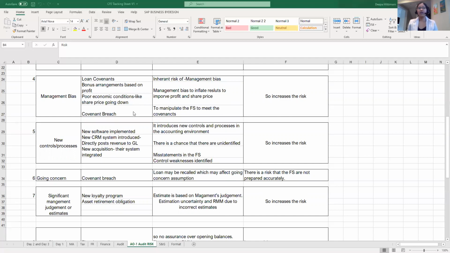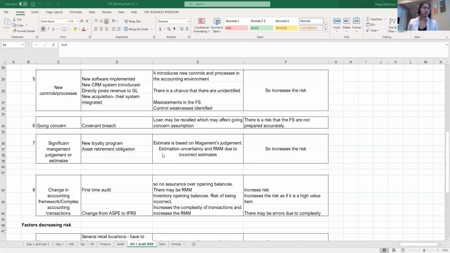All these factors give management a chance to overstate the revenue, or if the covenants are based on, say, inventory or accounts receivable, they're prone to overstate those accounts. So that increases the inherent risk of management bias. Management bias is to inflate the results to improve the profit, which affects the share price as well. So that increases the risk.